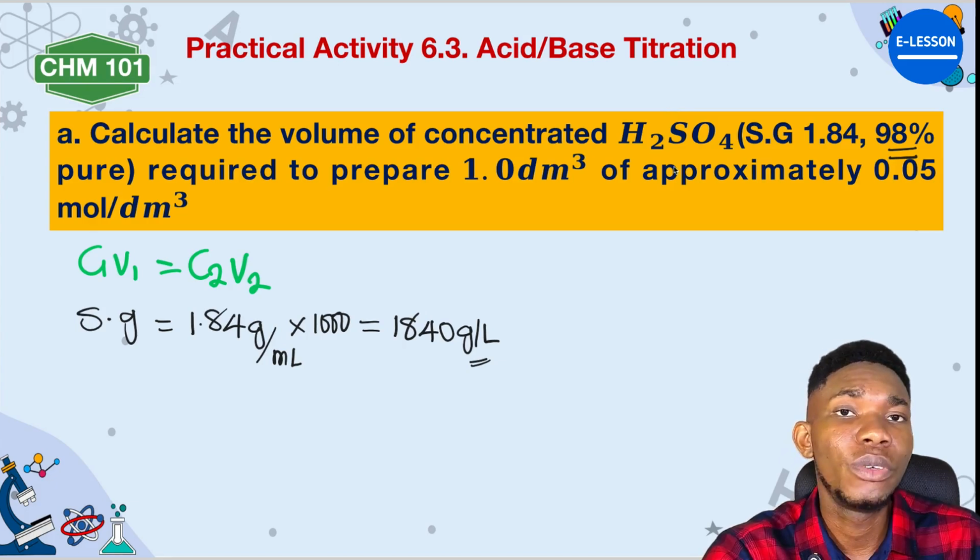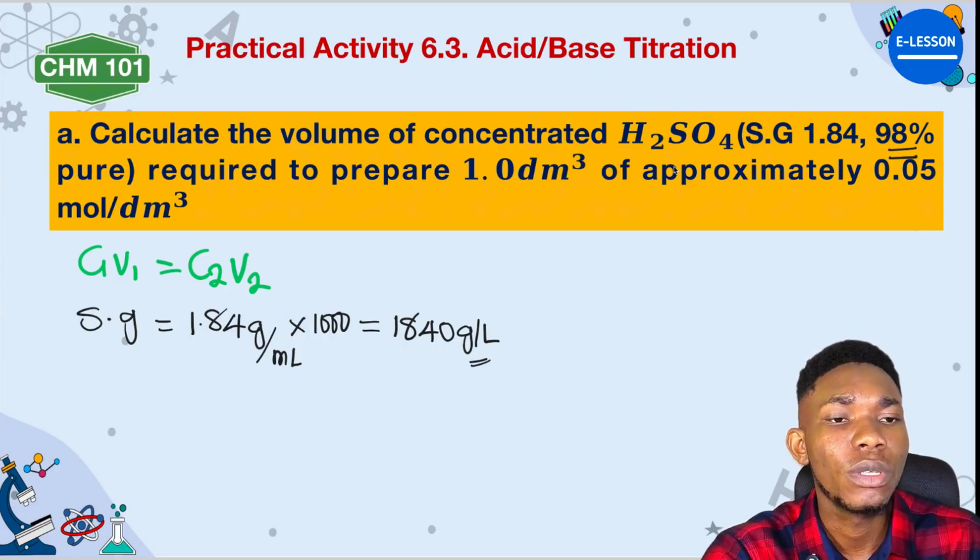The other things might be impurity. So if you really want to know the amount of H2SO4 in this 1840 gram, it's only 98% of this gram that is in 1 liter.